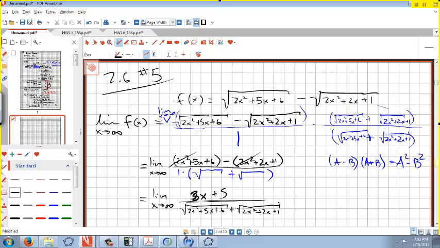Okay, good. And I should clarify this because this is important. This is a 3x. And that came from, what did I do from here to here? I combined like terms, okay? All I did was just combine like terms from here to here. That's what got me from there to there.